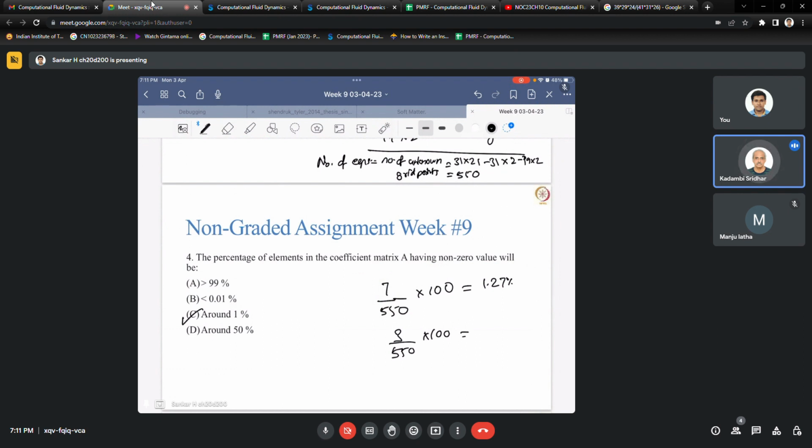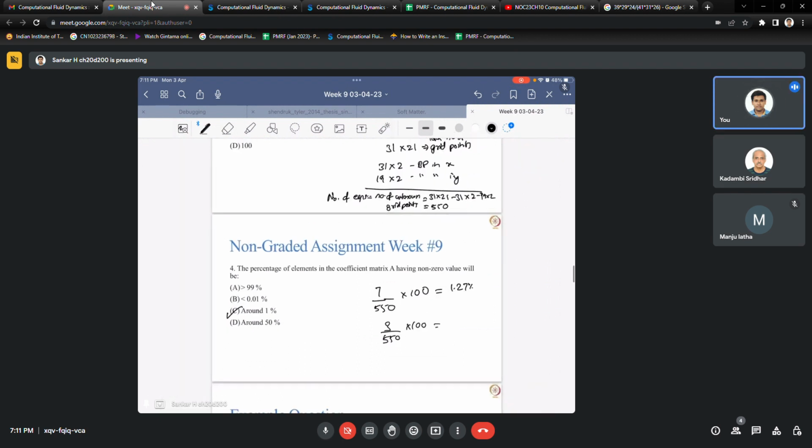So the adjacent points to the boundary are not guaranteed to have non-zero, is it? They are not guaranteed. Yeah, that is correct.